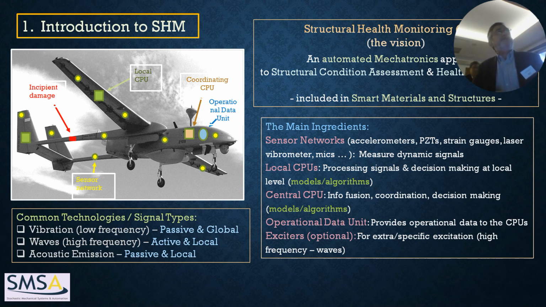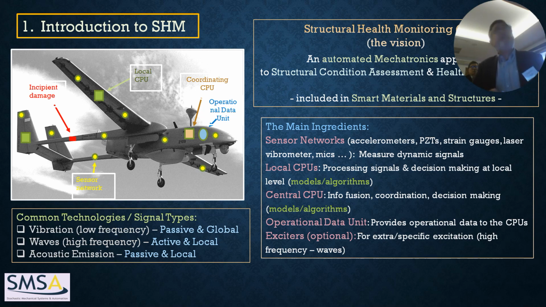These sensors are operating continuously all the time. And then there are processors at specific places that will collect the signals measured. They do that in real time and process the signals. And there's a central unit that is making the decisions as to whether everything is all right with the aircraft or the structure in general, or whether some action is needed.